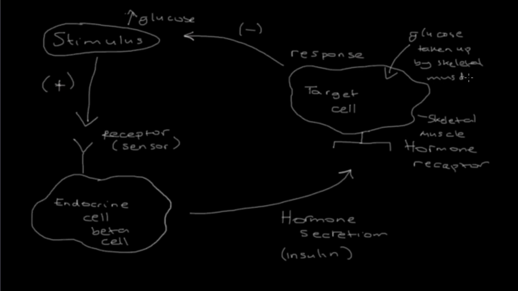So there's been a stimulus, so the rise in the glucose. This acts on the receptors of the sensory element, which is the beta cell in the pancreas.